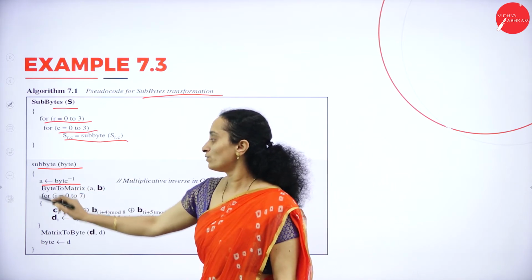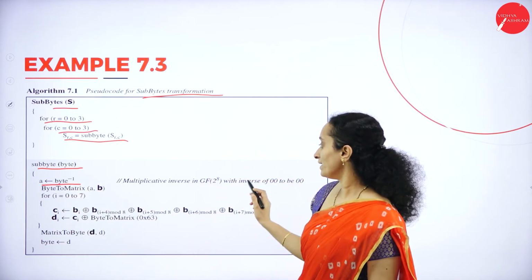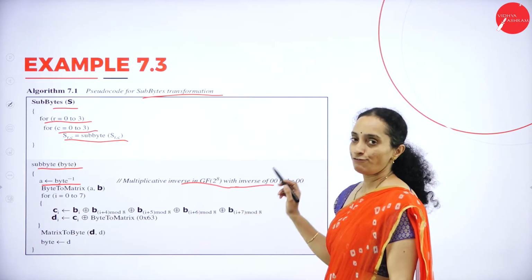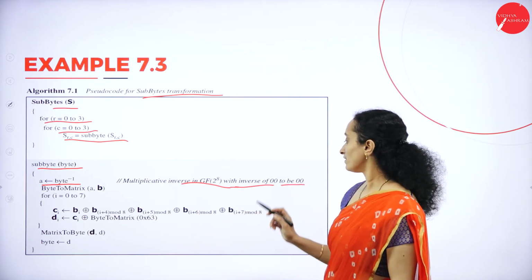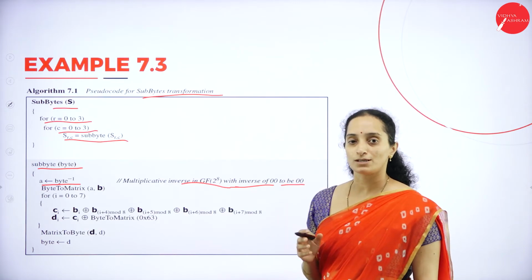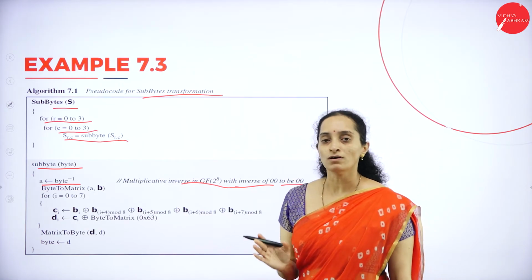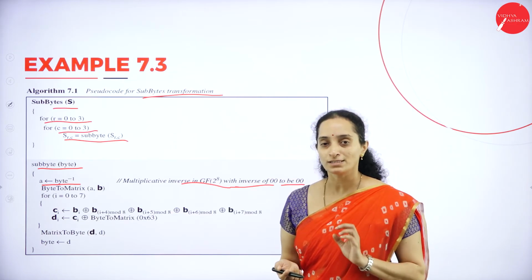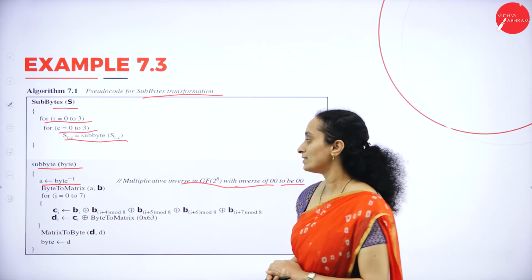Here we use the multiplicative inverse in GF 2 to the power of 8, with the inverse of 00 being 00. Wherever you go, the multiplicative inverse of 00 is always 00, isn't it?